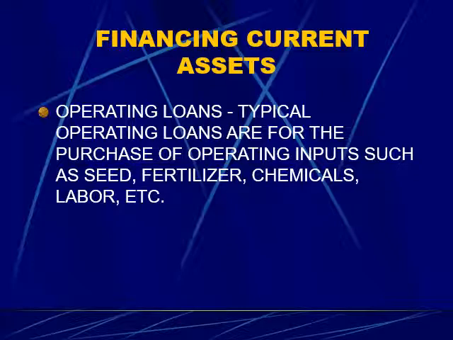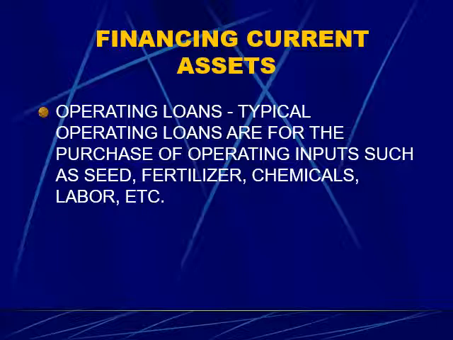As you see here, operating loans are for the purchase of inputs, and those inputs are being used up in the production process. And so the self-liquidating aspect of an operating loan is that you're producing a product that will be sold, and then the sale of that product will be used to pay back the operating loan.